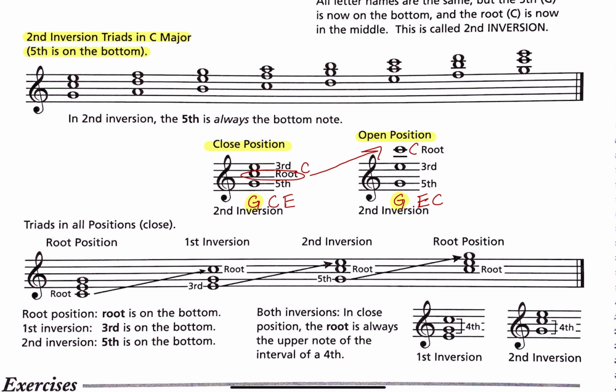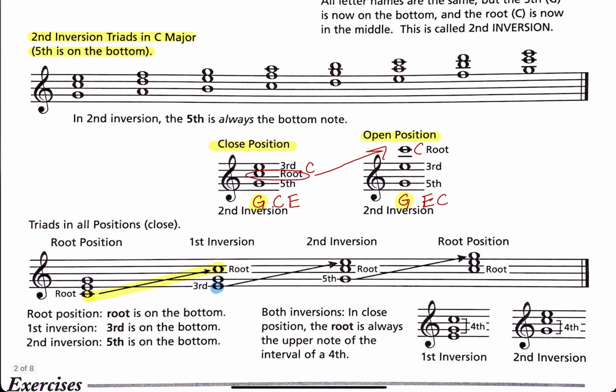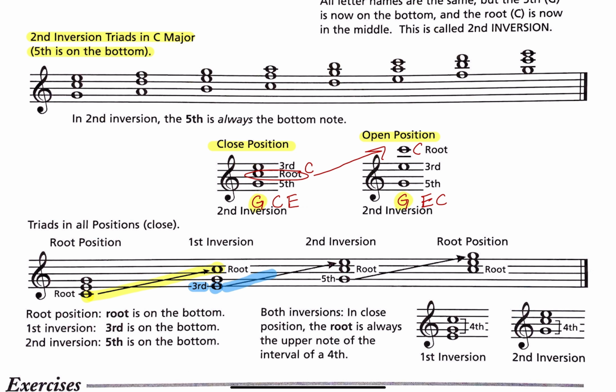Okay, so all together, from root position to first inversion, we took the root of the chord and moved it up an octave. And then from first inversion to second inversion, we took the new bottom, which was the third of the chord, and put it up at the top.